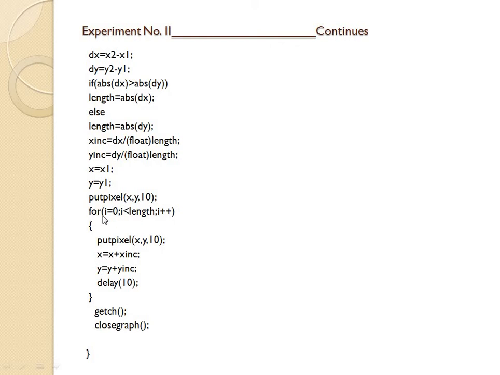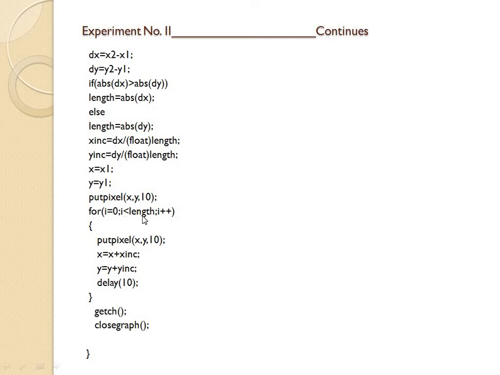Then if i is equal to 0 and the condition i is less than length holds, we put the first pixel, then the x and y values are incremented, then it goes to the next for loop. Again the i value is incremented, that is i is equal to 1. Then again we check whether 1 is less than length.